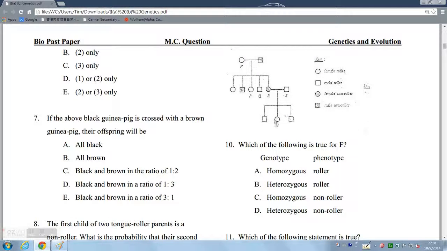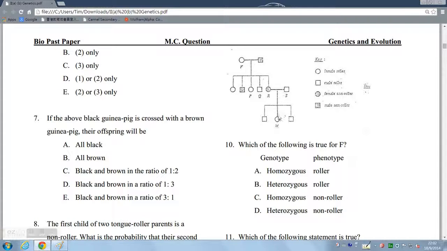And if we look at W, which is here, it says that she is also a female roller who is a daughter of a female non-roller and a male roller. And since this female non-roller is homozygous recessive, she must have passed one recessive allele to this female roller W. But since W is a female roller, this means that she has a dominant allele for rolling, which in this case must have been from this S, who happens to be a male roller.